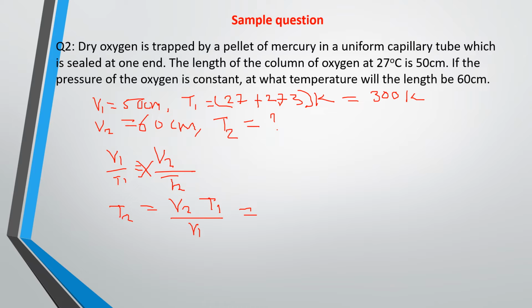When you substitute your values that you have here into this formula, V2 is 60, T1 is 300, and your V1 is 50. Okay, so you can work this out.